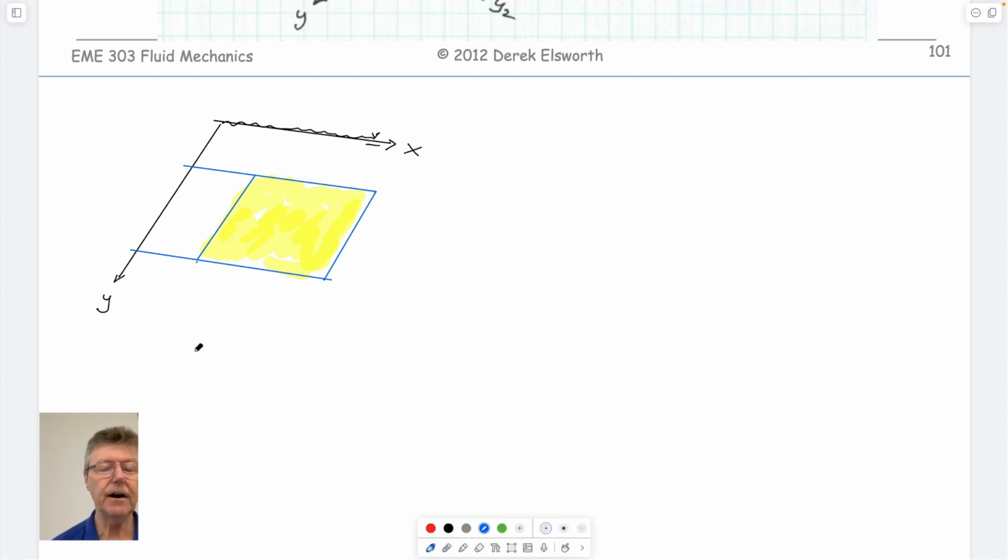We want to be able to define some characteristics of this plate. I said already that we're interested in the centroid of that plate. The centroid of this plate is exactly at this location. So you can imagine balancing it on either of these knife edges, just the plate without the water on top of it, and it would exactly balance because there would be a lever arm of this amount of weight times this lever arm here, and it's exactly balanced by the same lever arm on the other side.